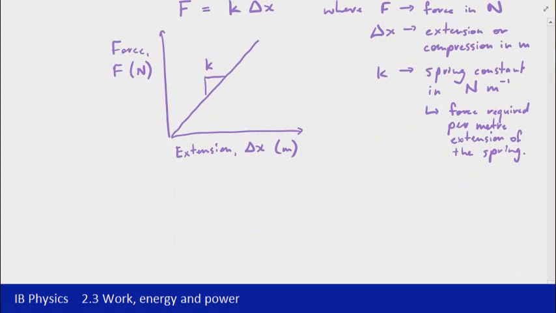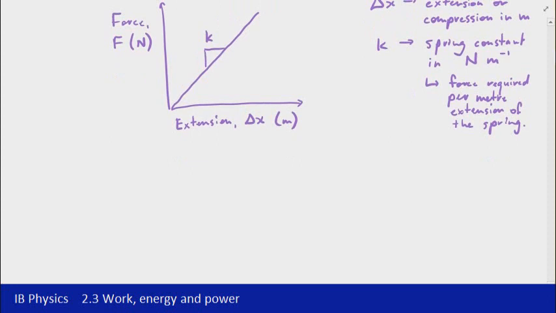Now, the reason why we're looking at this first is that the area under that curve, in this case it's a force versus extension graph. And if you think about this situation, the force versus extension graph, what we're really looking at is a force versus displacement.